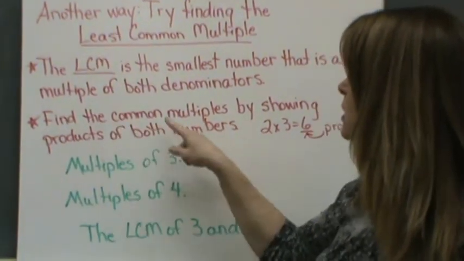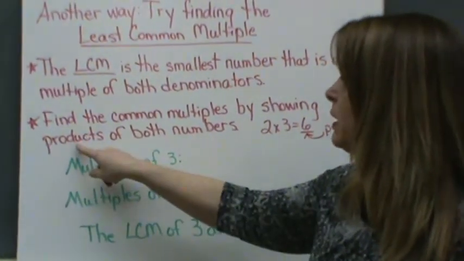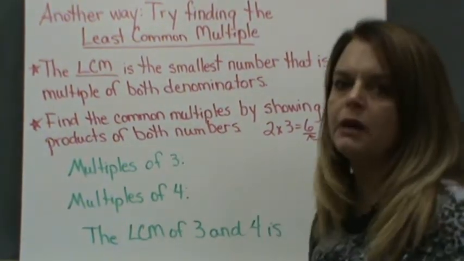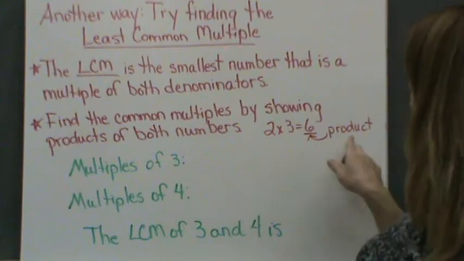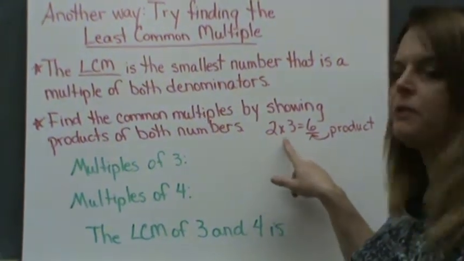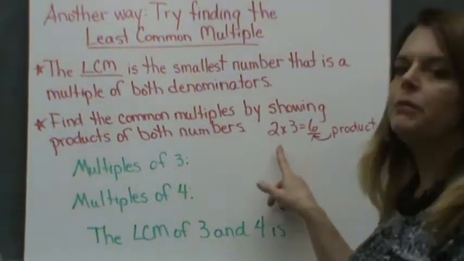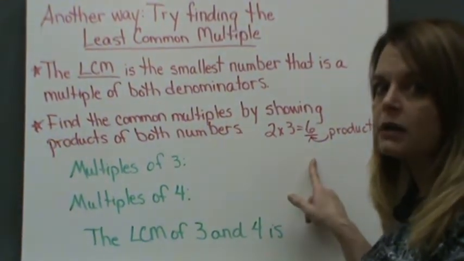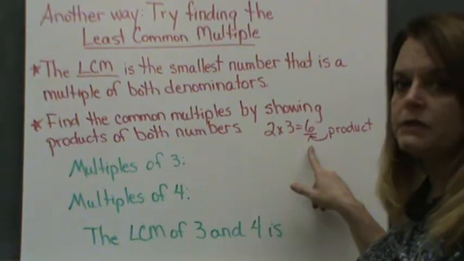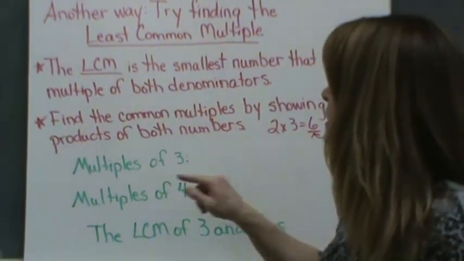You can find the common multiples by showing products of both numbers. And just a reminder, a product is what you get when you multiply two numbers, 2 and 3. These are factors of 6, but 2 times 3, my product, is 6. So that's what I'm looking for.